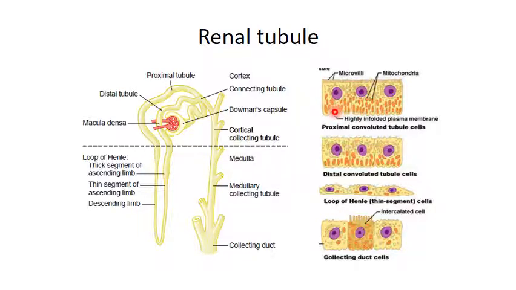And the high reabsorptive capacity of this segment of the renal tubule is because it is lined with a ciliated epithelium, and because of these cilia it has a huge surface area for reabsorption. Secondly, the cells have a large number of mitochondria, which are shown here with orange color.